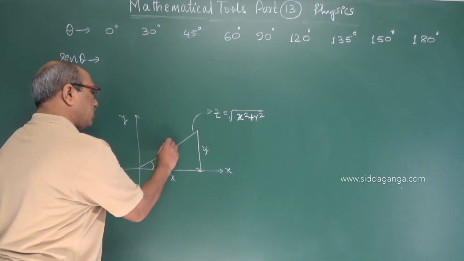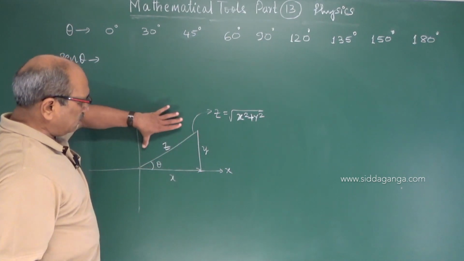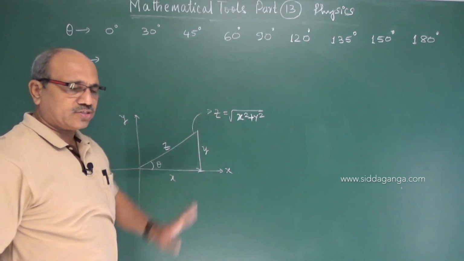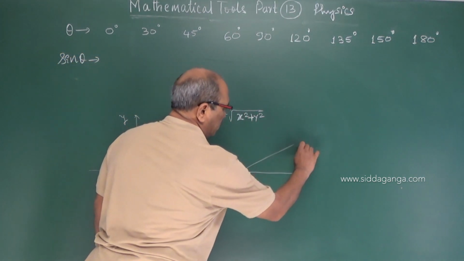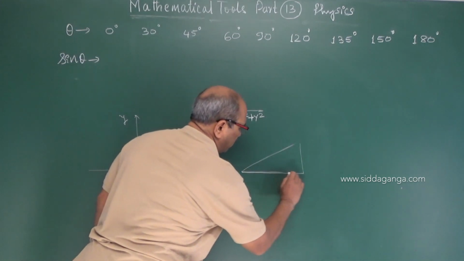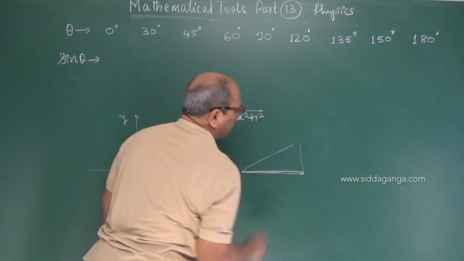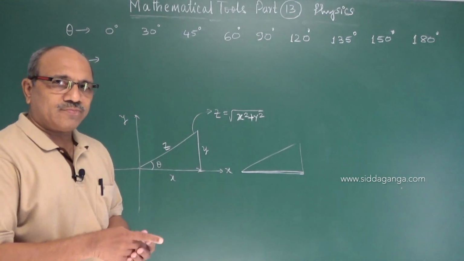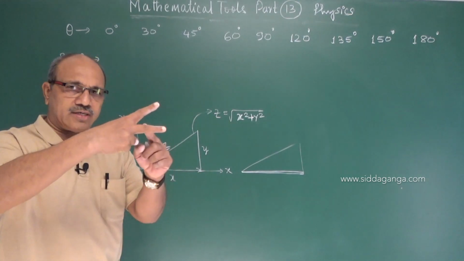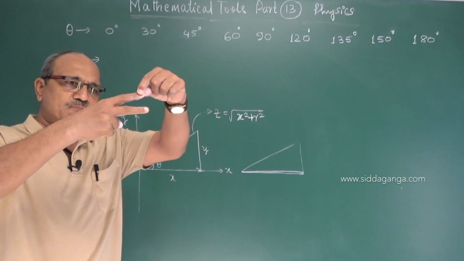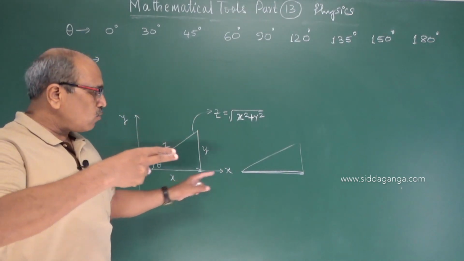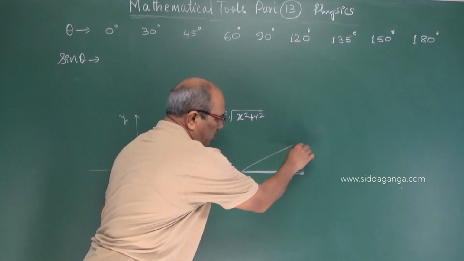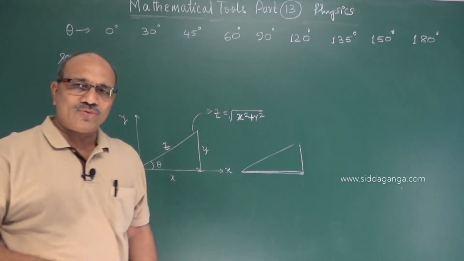However, theta we defined: opposite side by hypotenuse is the sine function. Suppose this angle is joined here with this line, then theta is 0. When this theta is brought and made to join with the adjacent side, what is the magnitude of y? 0.